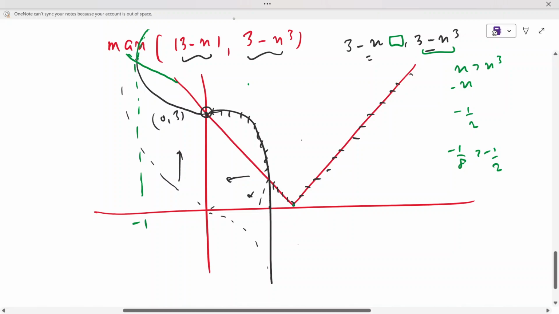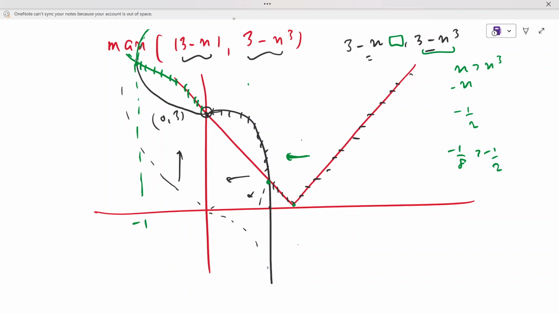And this particular point is 3. I also know this point will be 1, because left of the 3, it is 3 minus x itself. So this point will be 1 and this point will be minus 2. And you can easily see this particular function. So 3 minus x is the maximum there, and 3 minus x cube will cross.